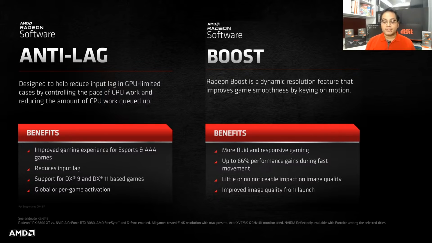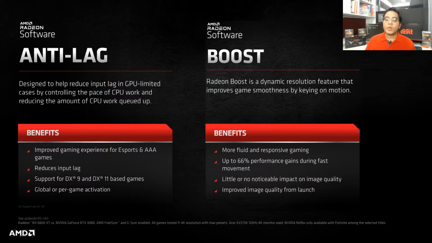So it will optimize for higher resolution and high fidelity when there's not much movement happening on the screen, but let's say an enemy jumps in and you turn rapidly in order to view the enemy.